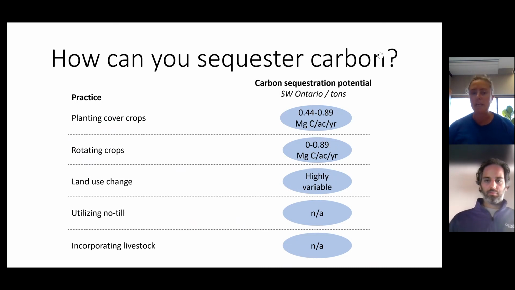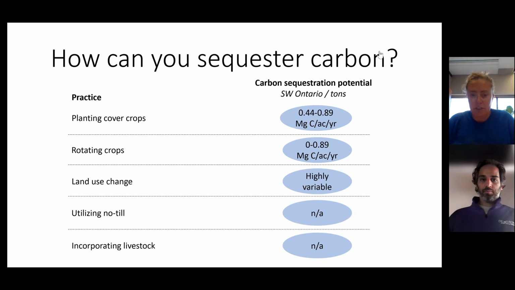Another example is rotating crops. And I will point out this practice has a range of 0 to 0.89. And that's because, again, a lot of this is dependent on diversity and also length of time that your field is covered in crops.